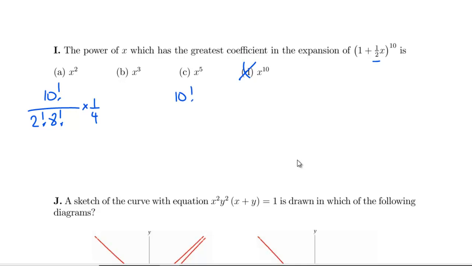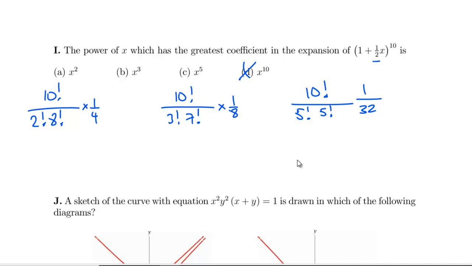And then I'm going to have 10 factorial over 3 factorial, 7 factorial times an eighth. And I'm going to have 10 factorial over 5 factorial, 5 factorial, but that's then going to be times 1 over 32. So I need to see which one of these things is going to be bigger.